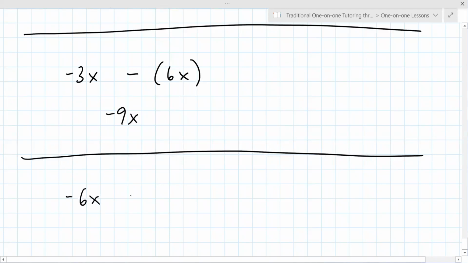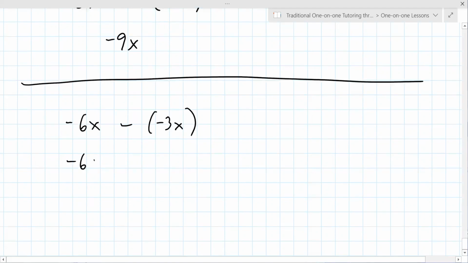Negative 6x minus a minus 3x. So let's take a look at what happens here.